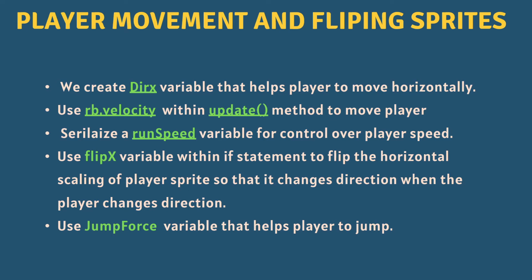We have used a serialized speed, a run speed variable, for control over player speed. We have used a flipX variable with an if statement to flip the horizontal scaling of the player sprite so that it can change direction when the player changes direction. And lastly, we have used a jump force variable that helps the player to jump.